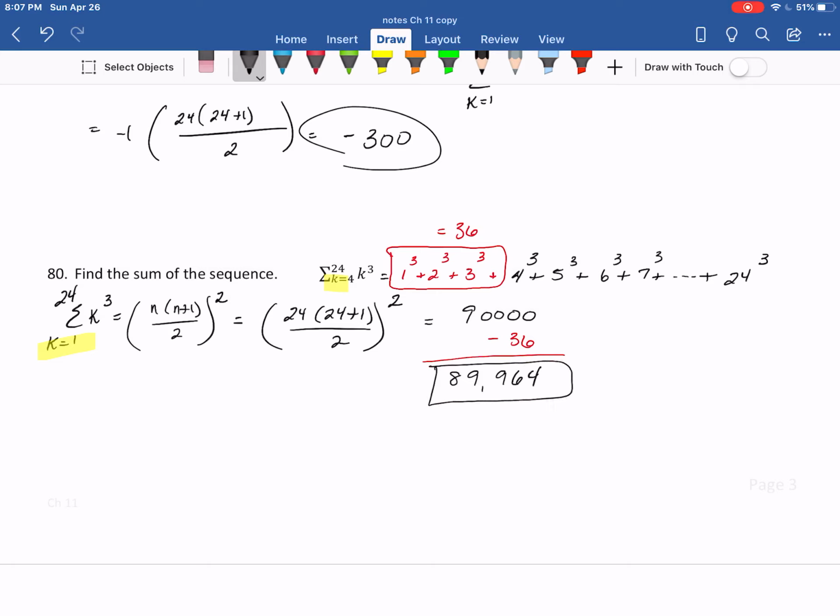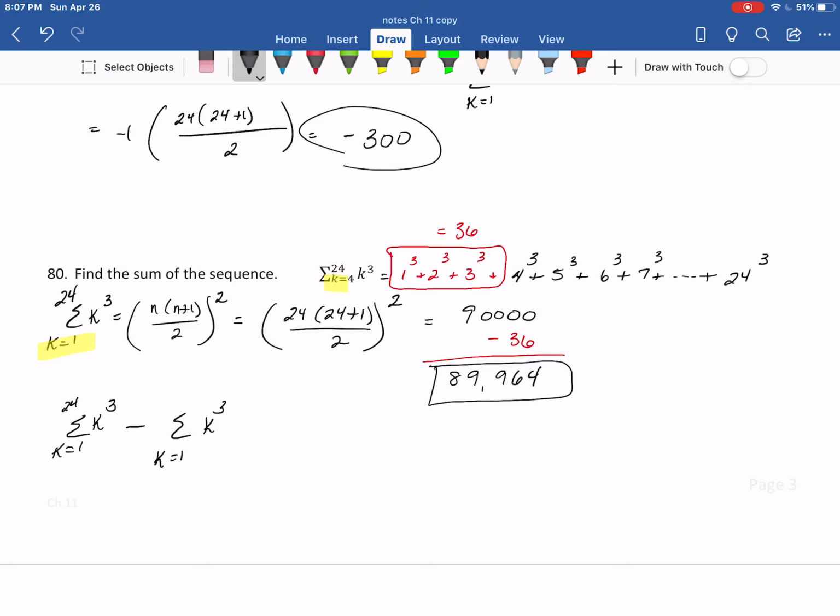Here's another approach you might want to consider. We could take the sum as k goes from 1 to 24 of k cubed, and we could subtract the sum as k goes from 1 to how far? How far should we take the subtraction piece?